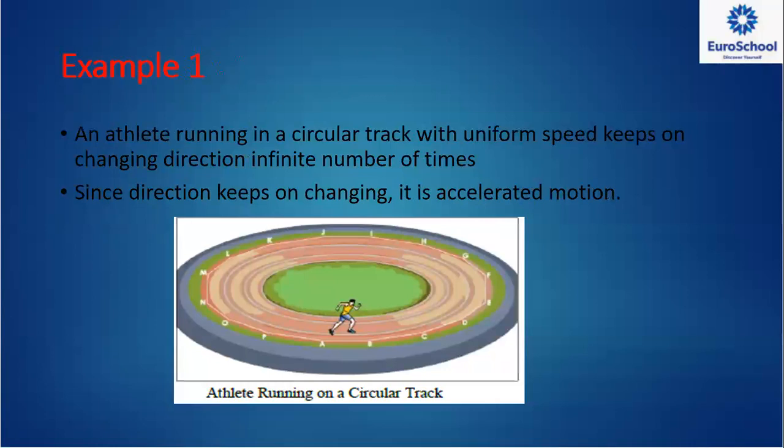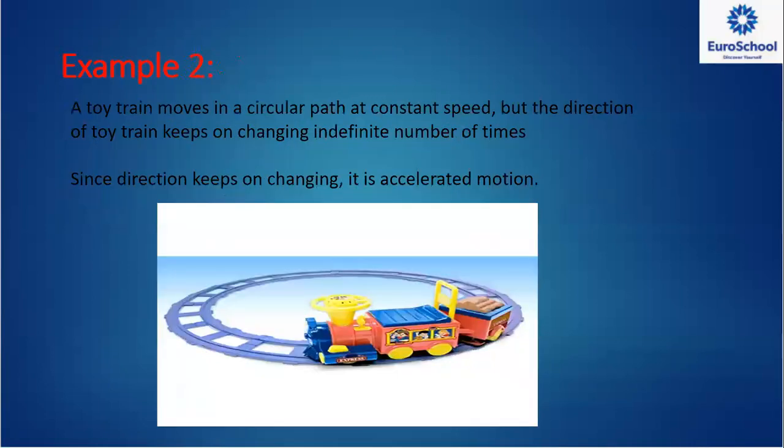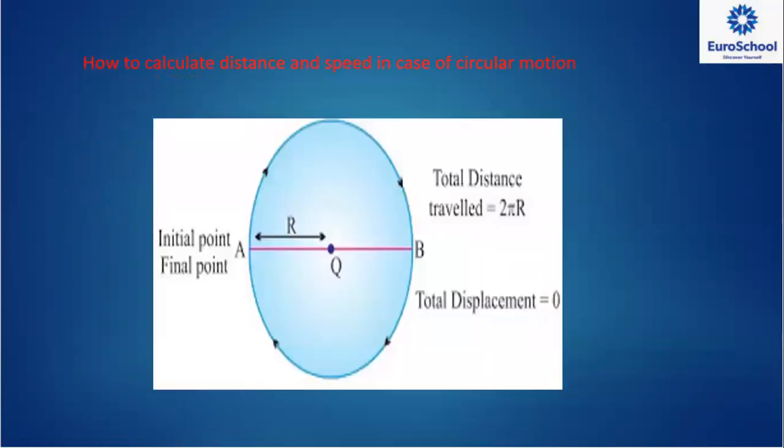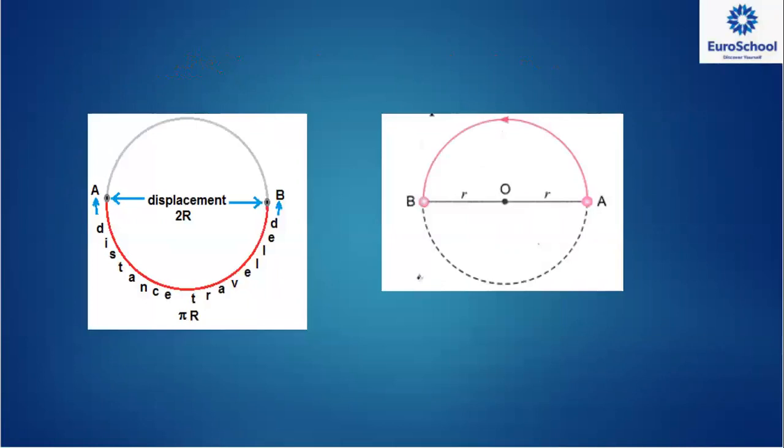We have taken a few examples like an athlete running on a circular track and a toy train moving on a circular path. We have seen how to calculate the distance and speed in case of circular motion. We can calculate distance by using the formula 2 pi r. We have also seen how to calculate the distance and displacement for a half circle or semicircle.